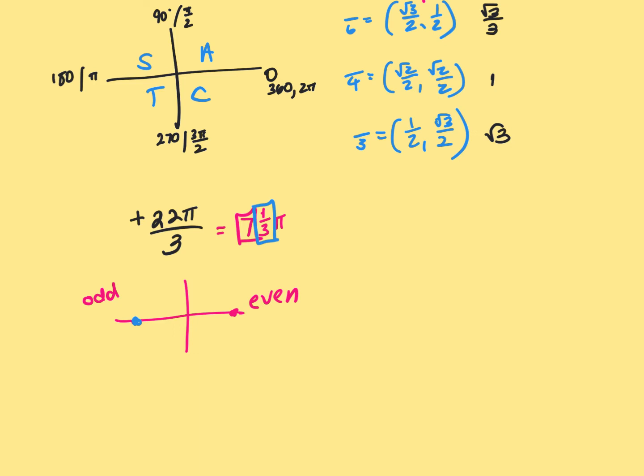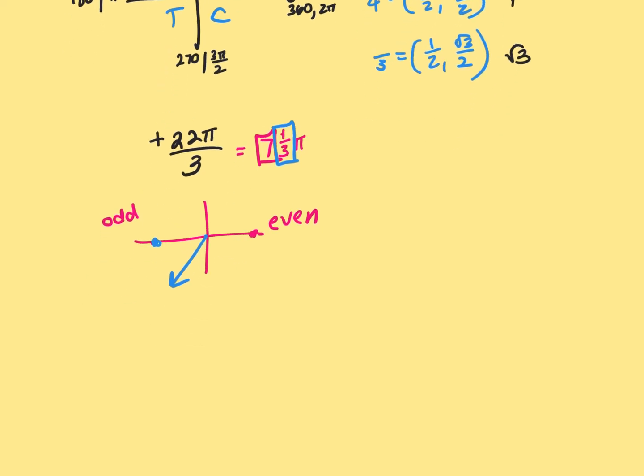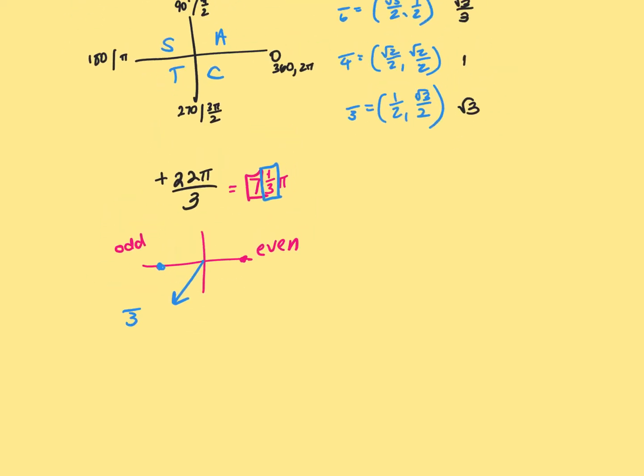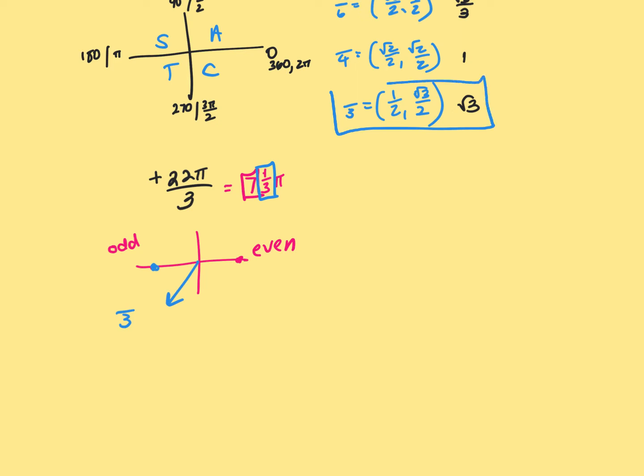Less than, which means it's in that first quadrant after the odd start. So I know it's pi over 3, which tells me my coordinate points and trig functions are those. And if it's in the third quadrant, tangent and cotangent are positive. All others are negative.